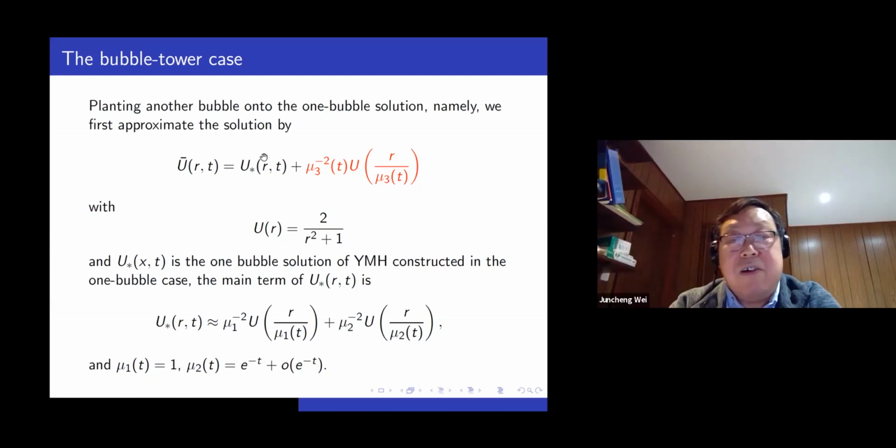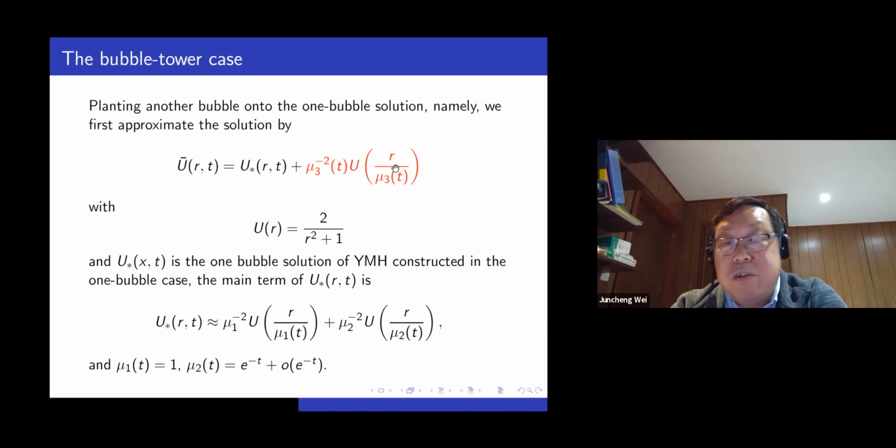So our idea is to first use the one bubble solution we constructed before, and then in the one bubble solution, we put another bubble, and we call it mu3, and then we compute the equation for mu3.